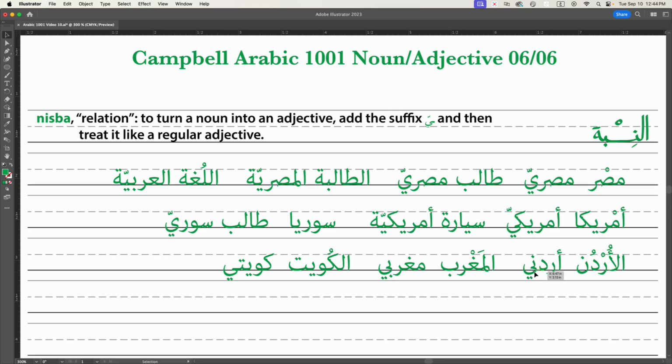So Urduni is Jordanian. So we'd add the alif lam back if its noun were definite, like at-Talib al-Urduni, for example. Al-Maghreb, Morocco, drop the alif lam as well, so it becomes Maghrebi. So Taliba Maghribiya. Or if she were definite, at-Taliba al-Maghribiya.